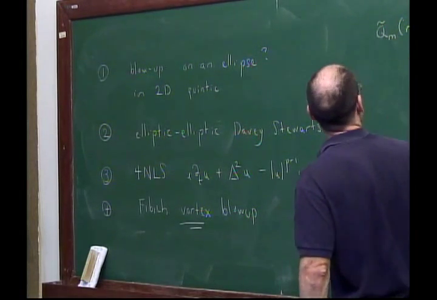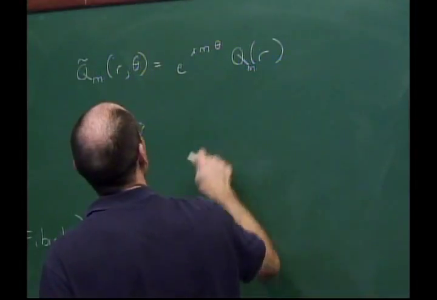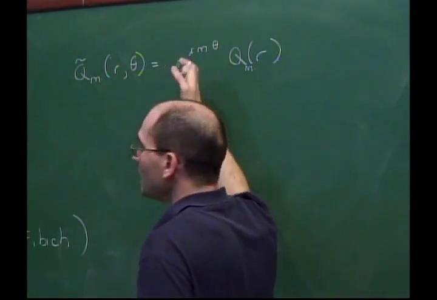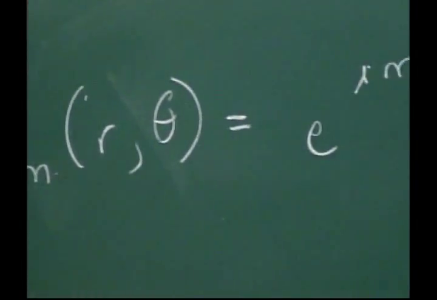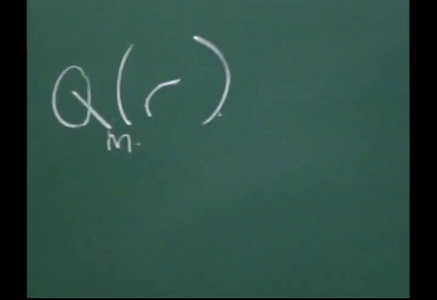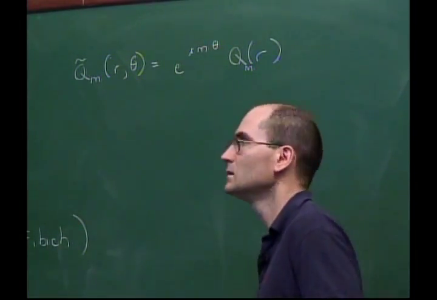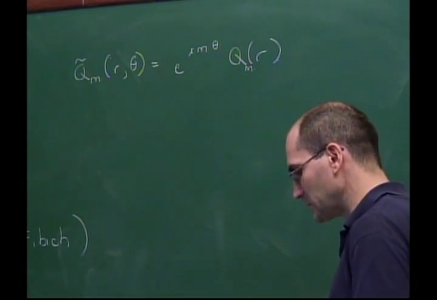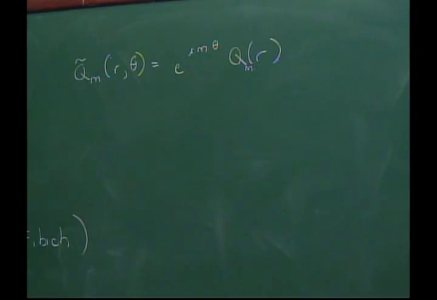That gives you an equation for Q m that has the extra m term coming from the angle. Then they show numerically that you can blow up with this kind of profile. That has recently been proven by Gideon Simpson and Ian Zwiers when m is equal to 1, but it's an open problem for m greater than or equal to 2.